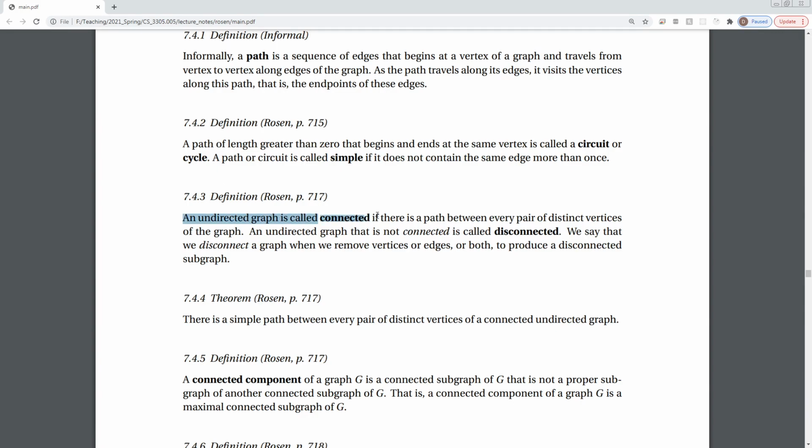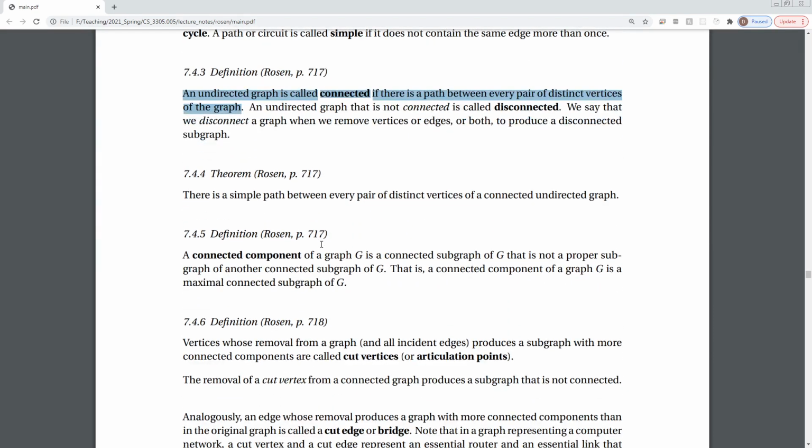An undirected graph is called connected if there's a path between every pair of distinct vertices of the graph. So your network is connected or fully connected, or every device on your network is connected, essentially if everything can reach the router. So if it can reach the router, then they can all talk to each other on the same network, right? So it's exactly what you would think of in terms of a computer network.